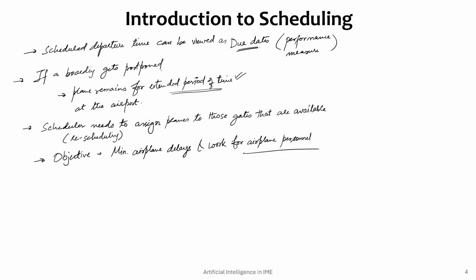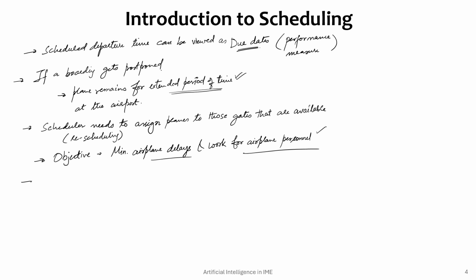So, if you are allocating these resources heavily, everything is associated with some kind of cost. So, you are assigning these personnel more than what they should be doing, right? So, you are actually increasing the cost of operating a particular airport due to your airplane delays or some other events like this, right?